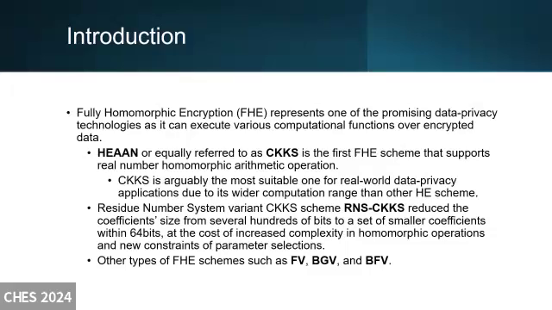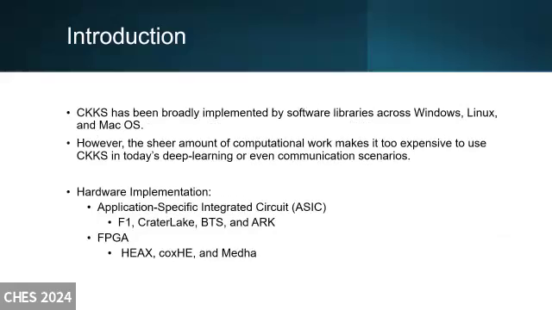So it can be applied in many practical applications, while other schemes, for example FV, only cover integer computation. So we mostly focus on CKKS first. This will be our primary target in this paper.